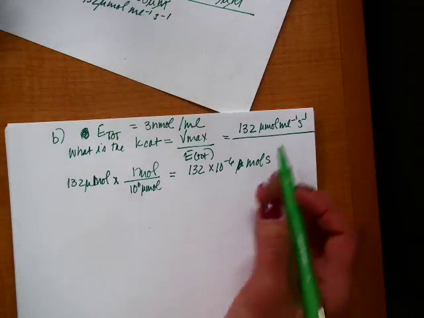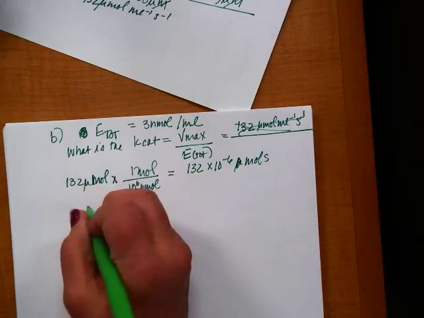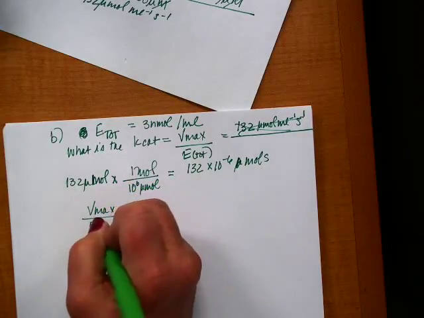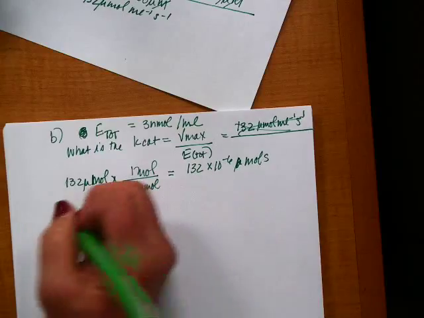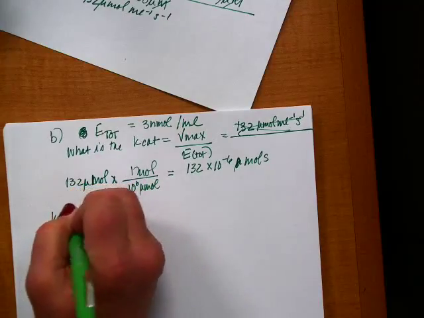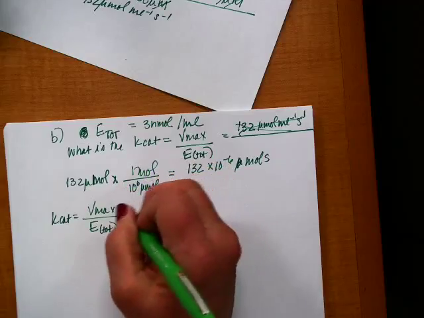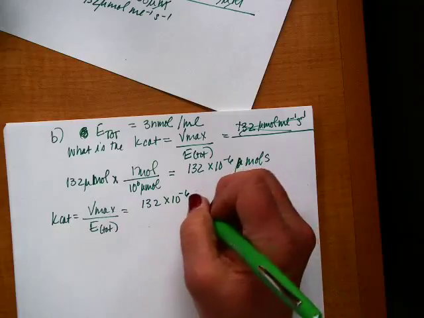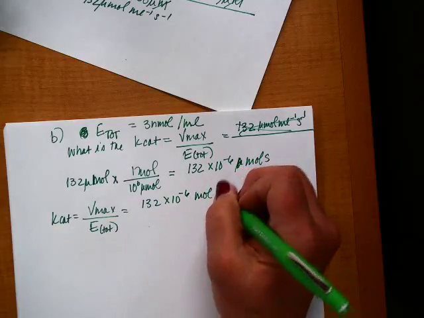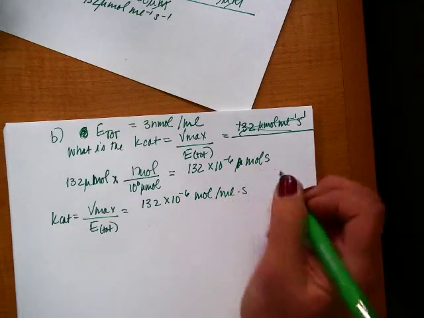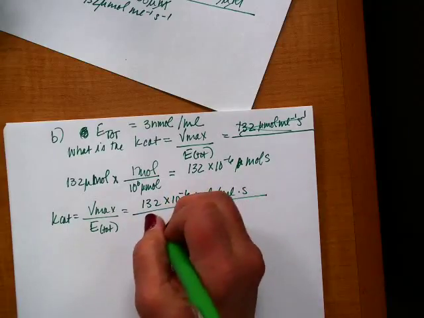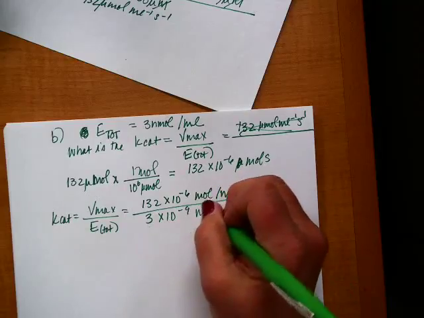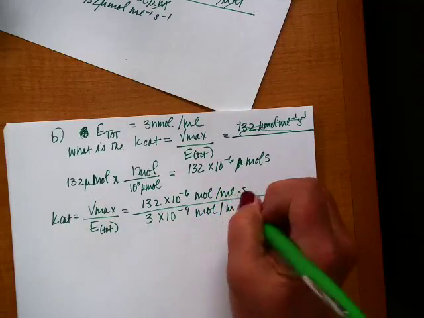When I rewrite this again, Vmax divided by enzyme total, my Vmax is going to be 132 times 10 to the negative 6 mole per millisecond divided by 3 times 10 to the negative 9 mole per millisecond.